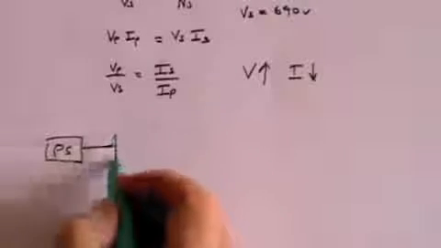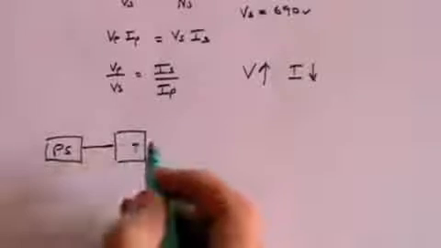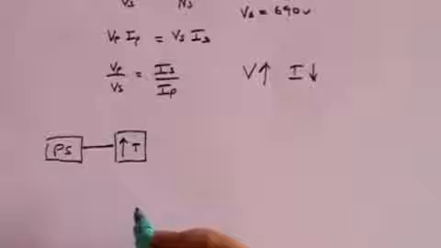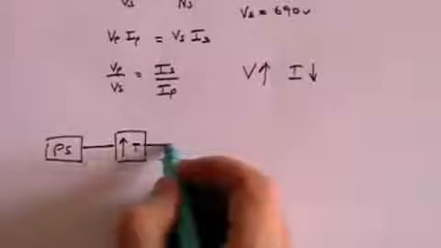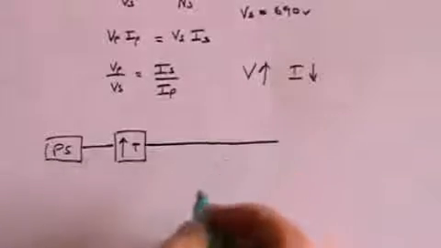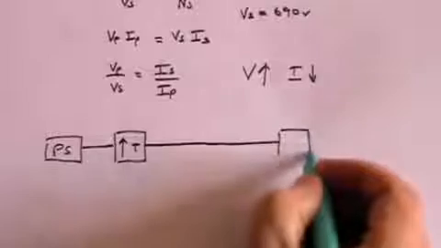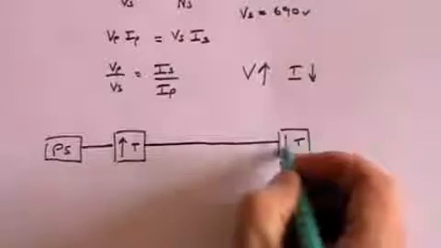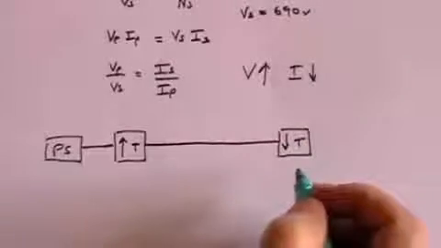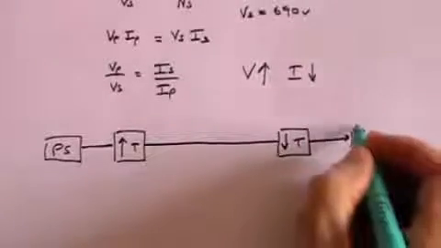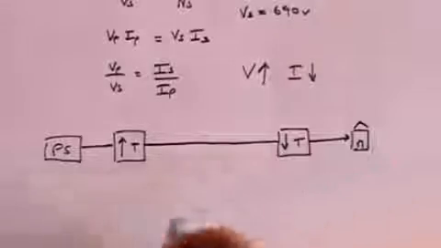That is then sent to a transformer which will push the voltage up to a very high voltage, hundreds of thousands of volts. And then that current is carried across the lines that go across the country until it gets to another transformer where the voltage is stepped back down again, and then that voltage is supplied to your home.